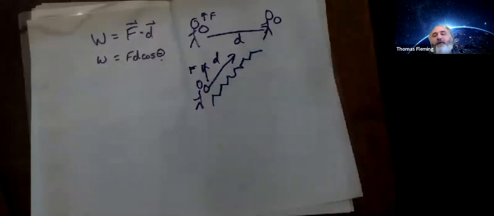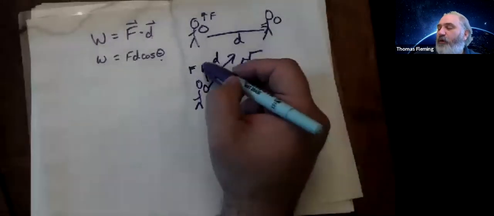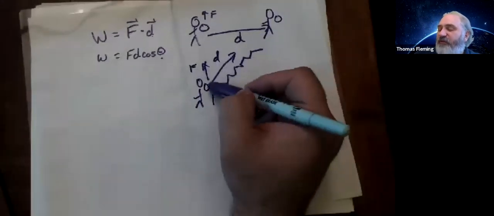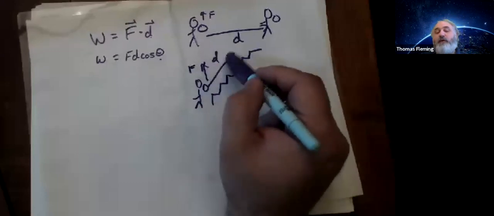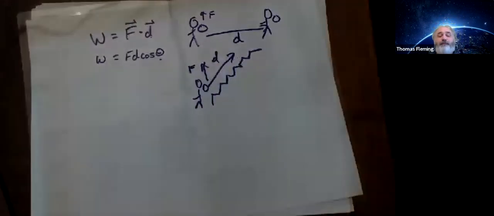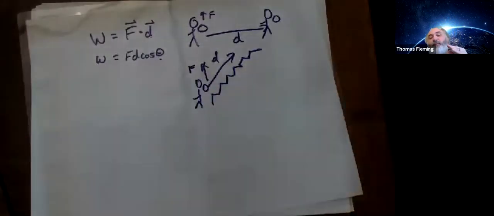And the way to think about it is that this force has a component. Part of it is in the same direction as D, and part of it is perpendicular to D, and only the part that's the same direction as D matters. So the reason that cosine of theta is there is because we only care about the part of the force that's the same direction as D, or the part of D that's in the same direction as the force.